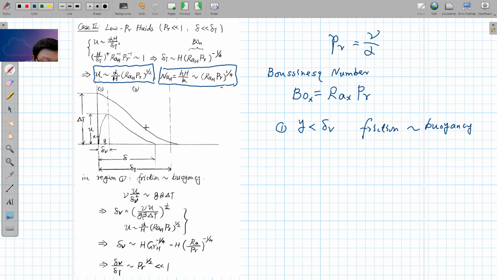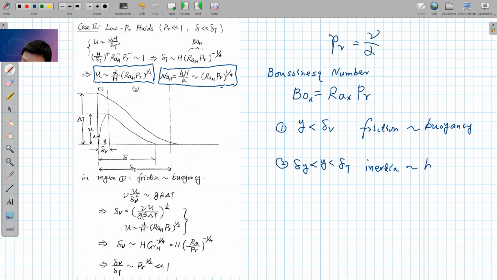will be the same order as buoyancy. And in region 2, where delta V is smaller than Y, smaller than delta T, in this region, basically we have the inertia term. The inertia term is just the convection term, because inertial force is coming from the pressure force.